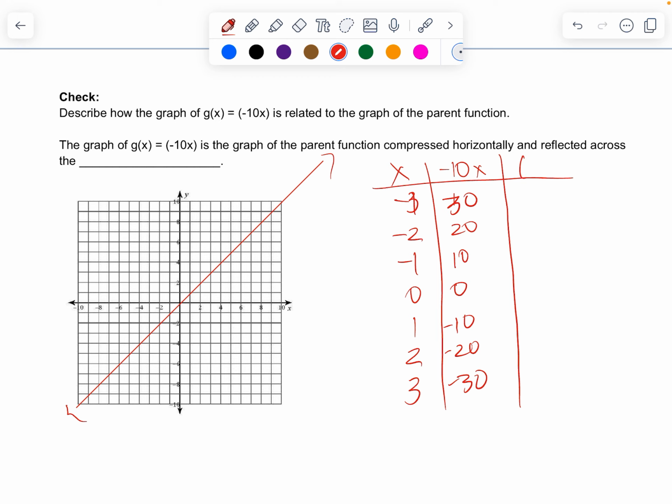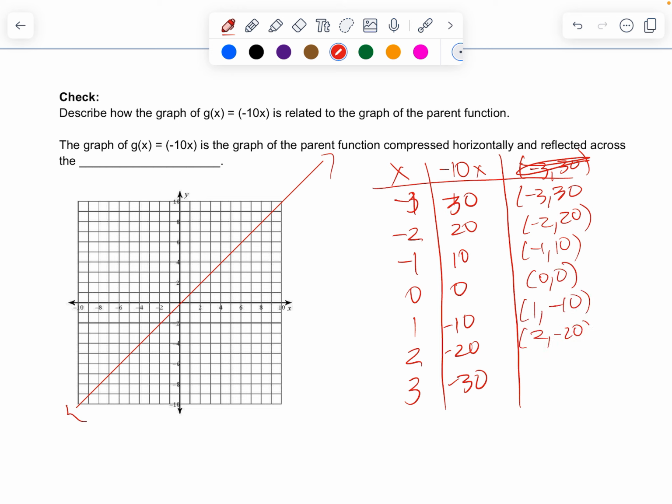So negative 3, 30, negative 2, 20, negative 1, 10, 0, 0, 1, negative 10, 2, negative 20, and 3, negative 30. Well, guess what? We can't actually write all of those. We can just do negative 1, 10, 0, 0, and 1, negative 10. Okay?